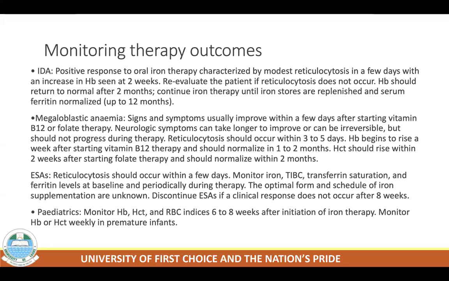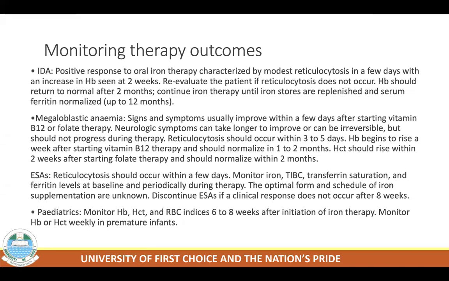That can take longer to improve, or sometimes is irreversible. But even if it is irreversible, you will notice that the symptoms will not get worse during treatment, so you can be certain that the treatment is working, right? So for megaloblastic anemia, you should have reticulocytosis within 3 to 5 days. Hemoglobin begins to rise after 1 week, right? And then should normalize within 1 to 2 months.